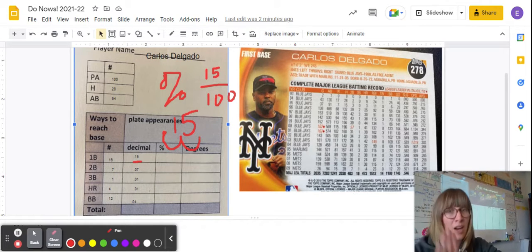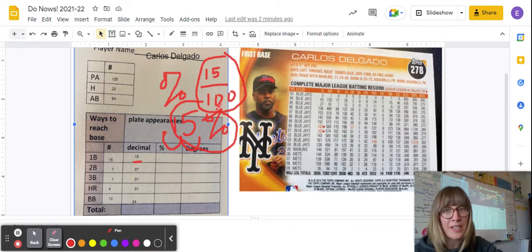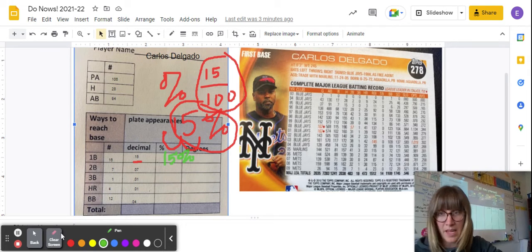So we have made our 15 for every 100 into 15% or 15 out of 100, right? So this right here and this right here are the same thing, they just look different. So in other words, I have created this to become 15%.